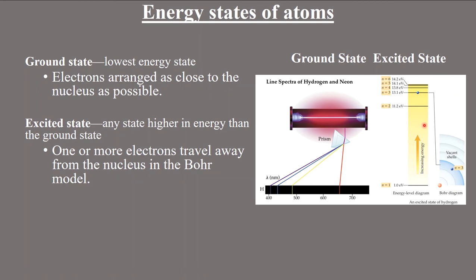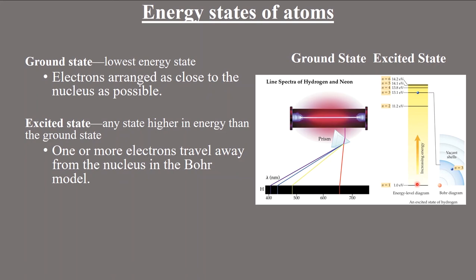As atoms do not usually remain in the excited state for a very long time, and there are vacancies or space available at the lower levels, these electrons will eventually drop back down into these shells. This process of dropping back to the lower energy levels is called relaxation.